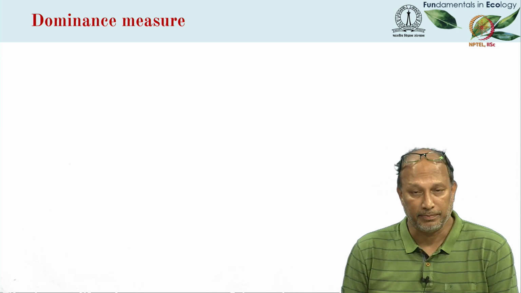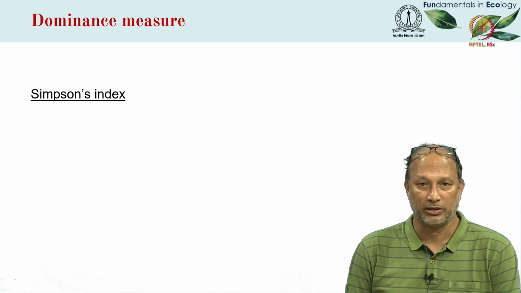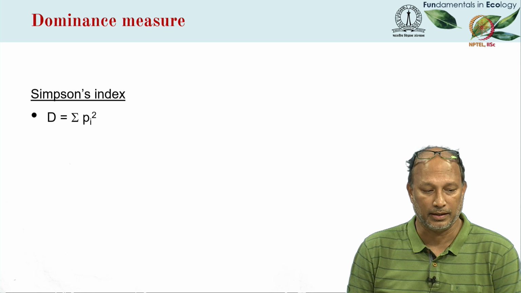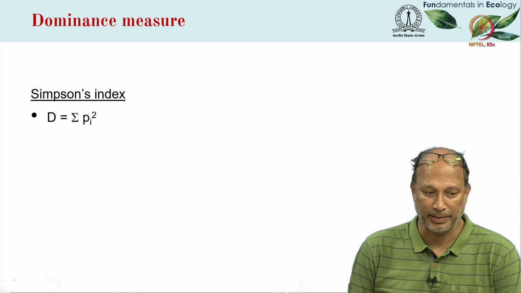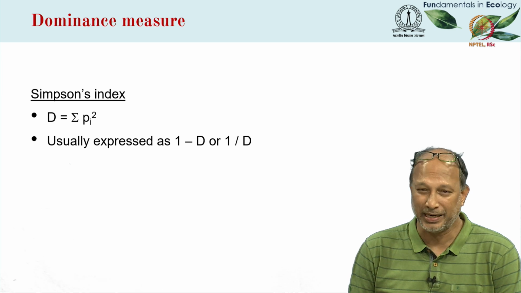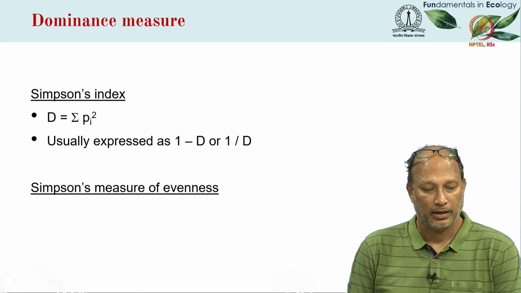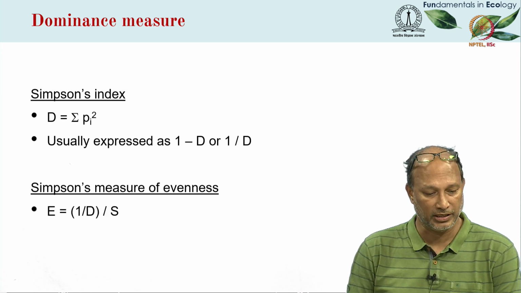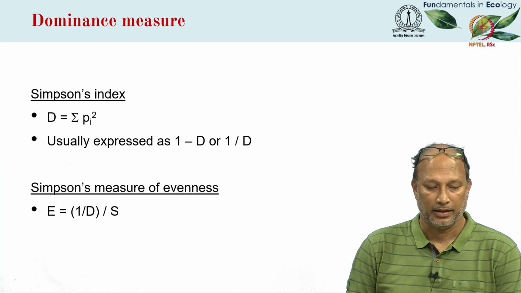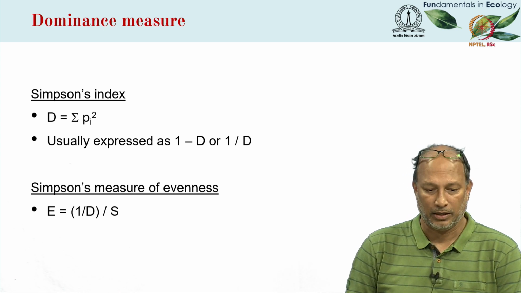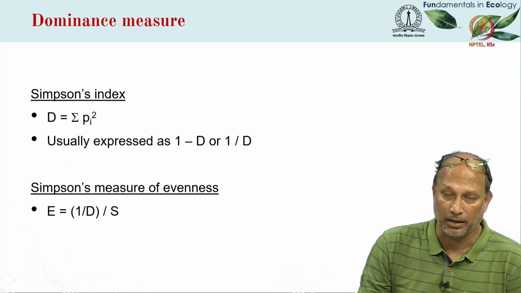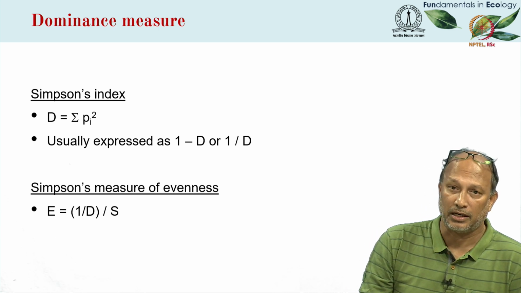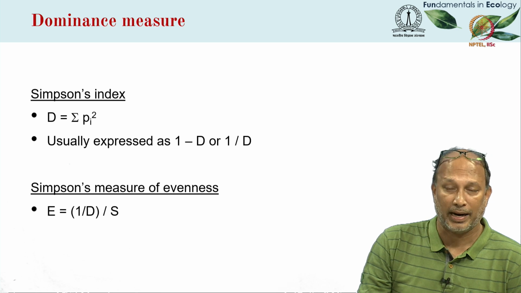So the measure that we just mentioned, the dominance measure of the Simpson's index, is essentially D is sigma of pi squared. It's usually expressed as 1 minus D or 1 over D. There's an associated measure of evenness, which is 1 by D by S. Now, the Simpson's index, because it doesn't take logs, tends to be influenced by the most common species in the community.